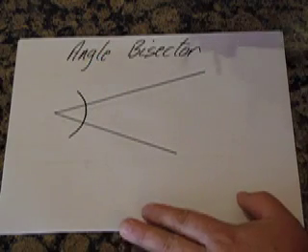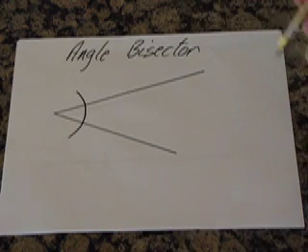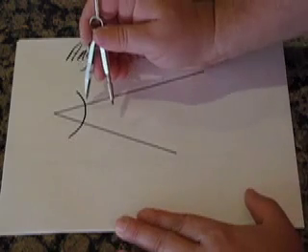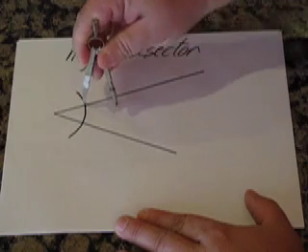Then we want to take our compass and do exactly the same thing. We want to place our compass on each of these points and copy that same distance.